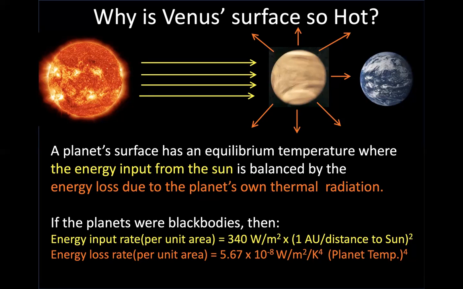So there's energy coming in from the sun and energy going out due to its thermal radiation. And the question is, when do those balance? Because a planet will heat up until the amount of heat it radiates equals the amount of heat it receives.